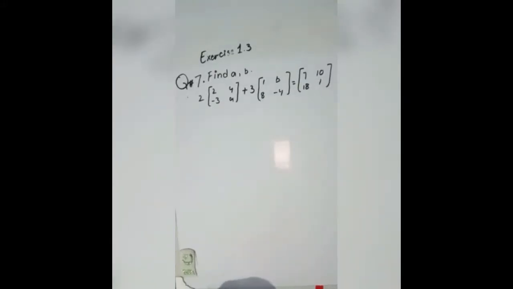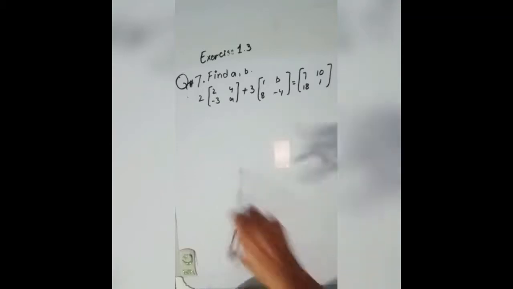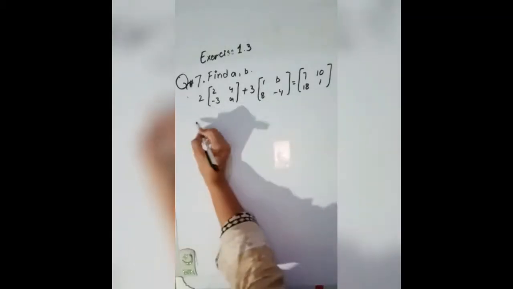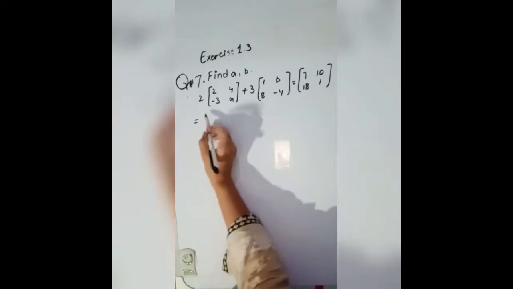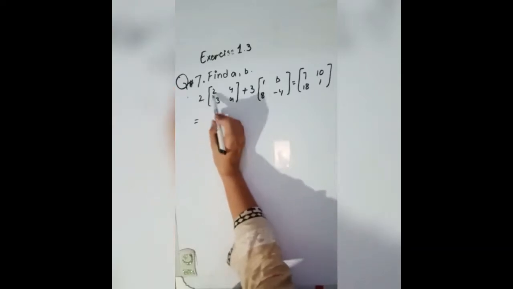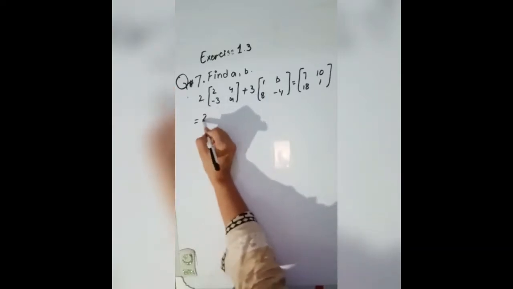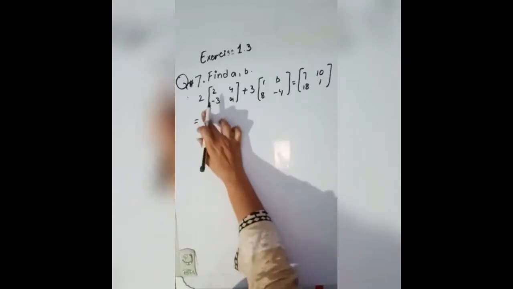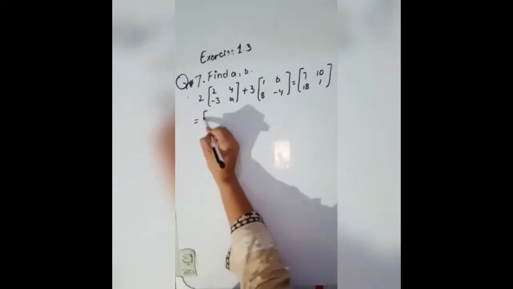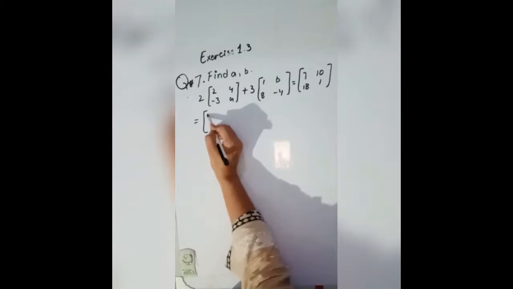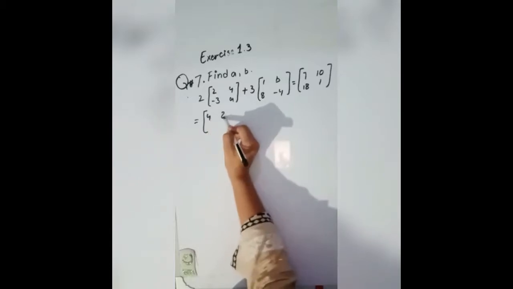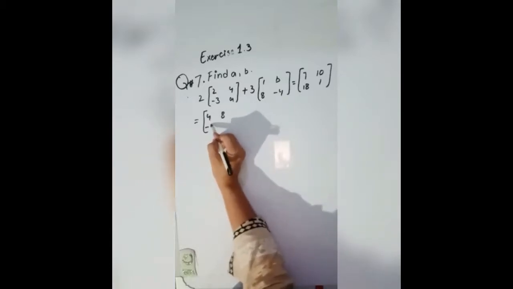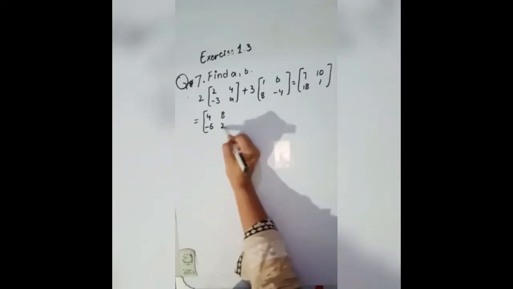In question 7 we have to find values of a and b. First we have to multiply this 2 with all the entries of this matrix. If we multiply 2 with 2, we get 4. 2 4s are 8, -6, 2a.